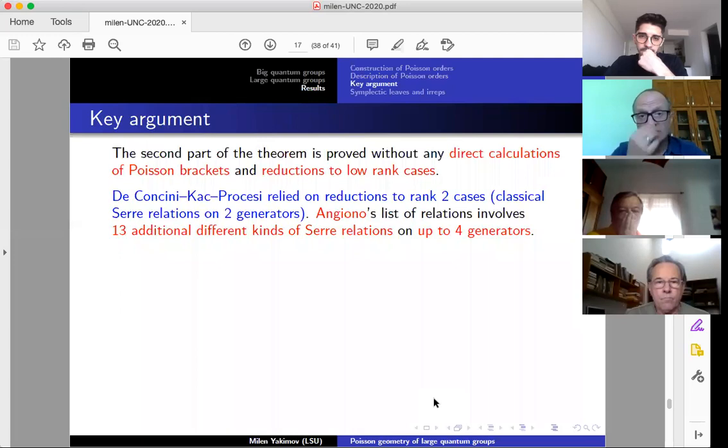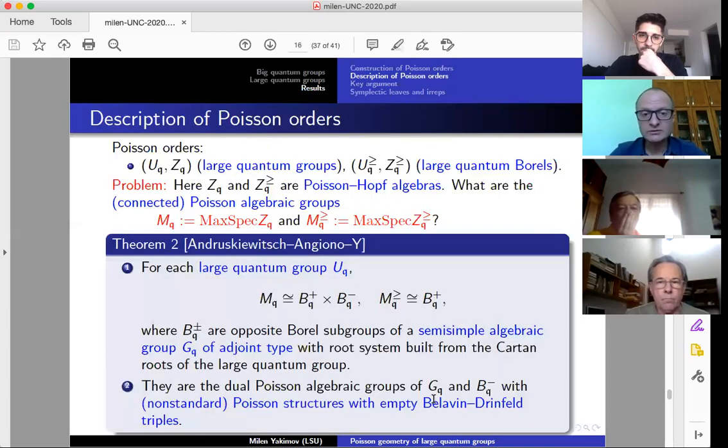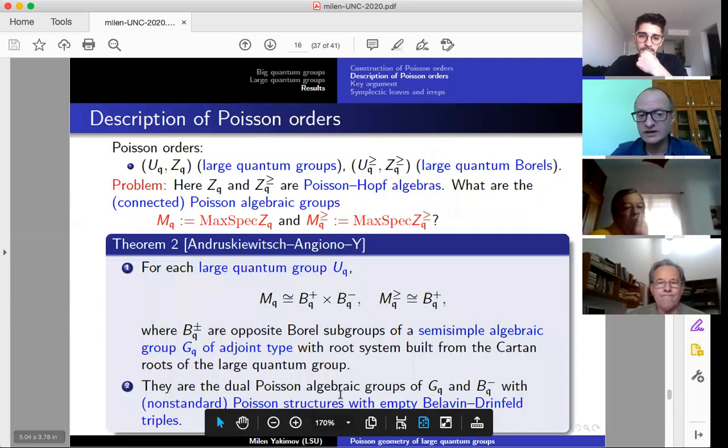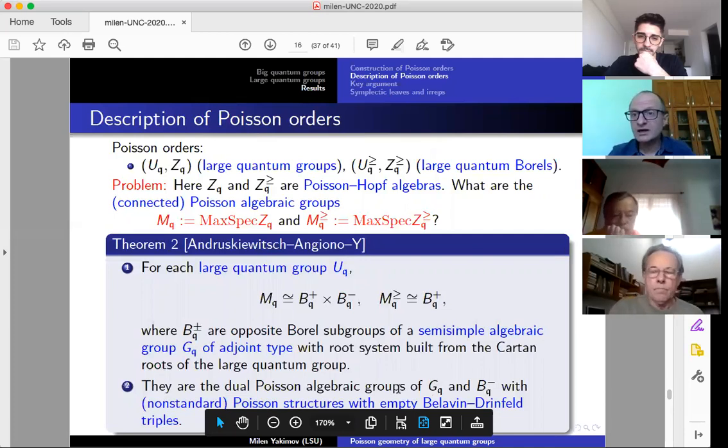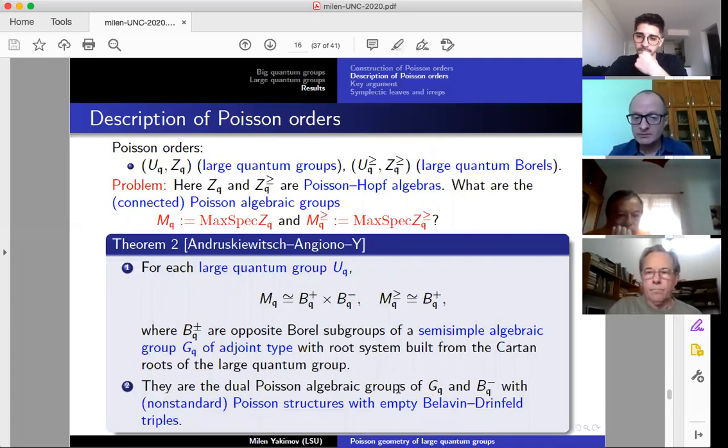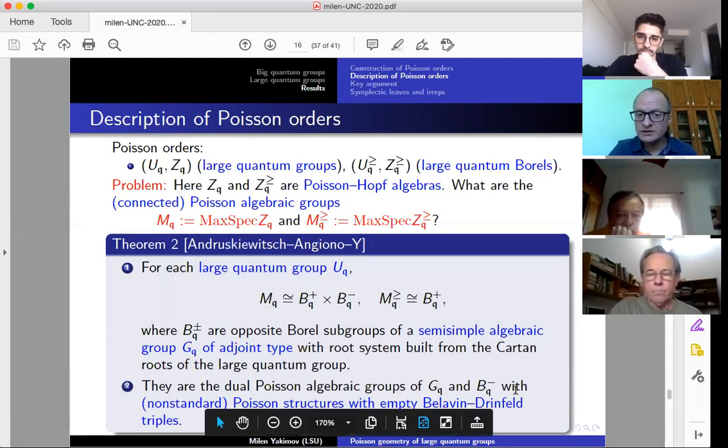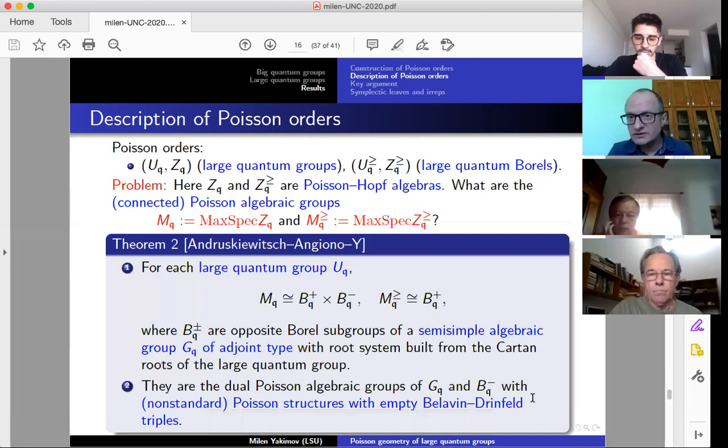So now I want to say a little bit about the corresponding argument, because when De Concini, Kac and Procesi prove the second part here, they have a large number of direct calculations, just plain direct calculations where they compute Poisson structures, and they say that in order to verify something like result number 2, they have to reduce to all possible cases that give the Serre relations.